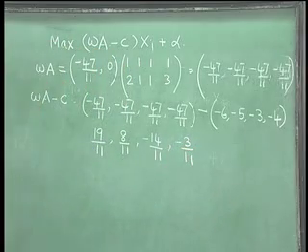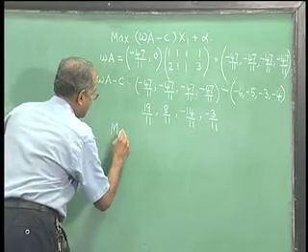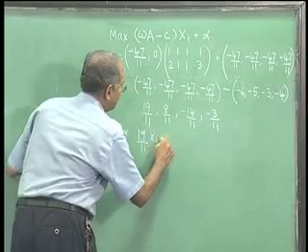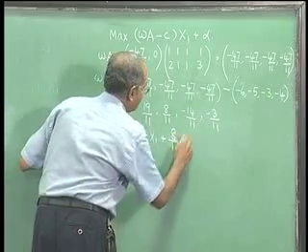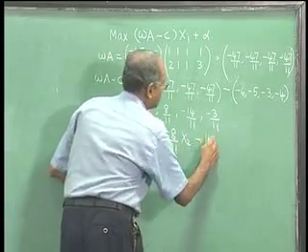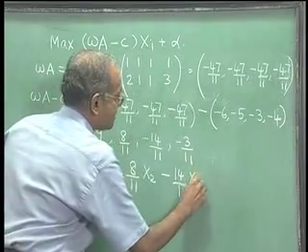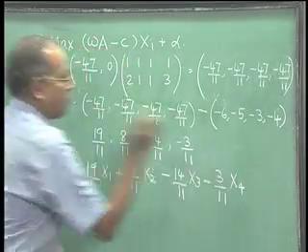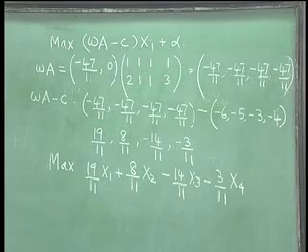So, we now have to solve a problem which maximizes 19 by 11 x 1 plus 8 by 11 x 2 minus 14 by 11 x 3 minus 3 by 11 x 4 subject to these two constraints.